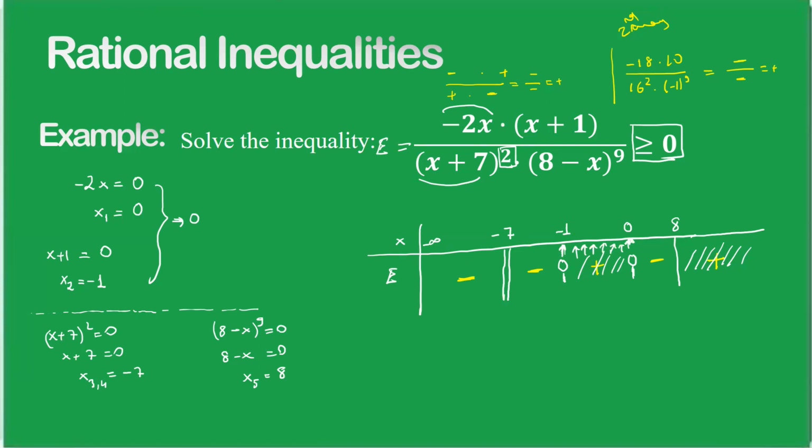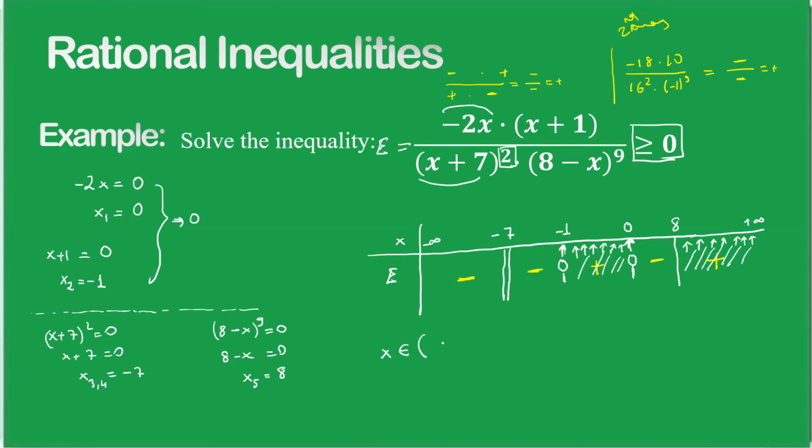And 0 is a member of the solution set, and also this part is in the solution set. Now let's write plus infinity. Now let's write x is an element of, anything else?